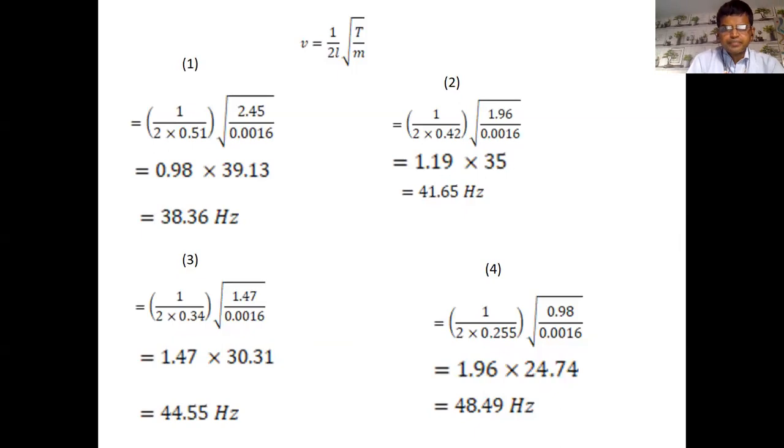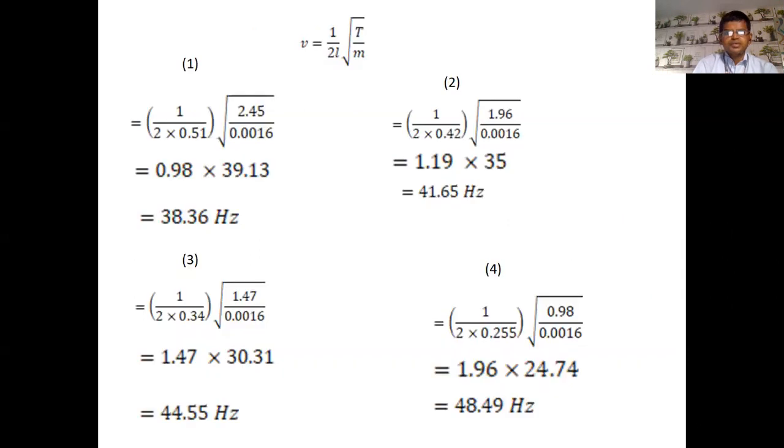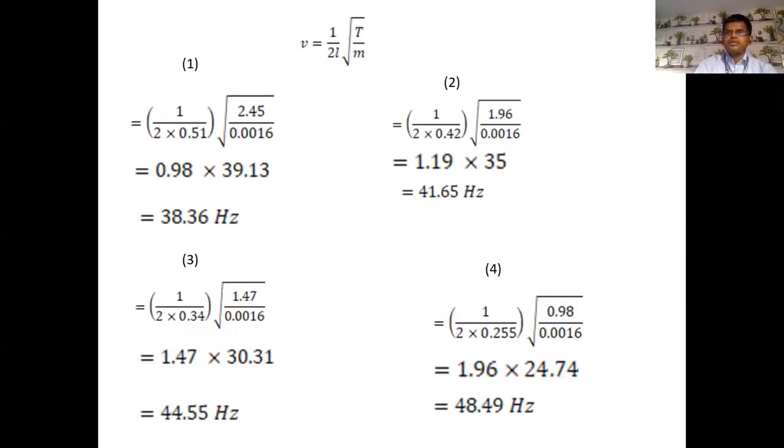Now second, again 1 by 2 multiply the length 0.42. So we check here 0.42 in our second row, and then 1.96 is the T value. We have 1.96 and then we solve the formula. So we got the answer 41.65.